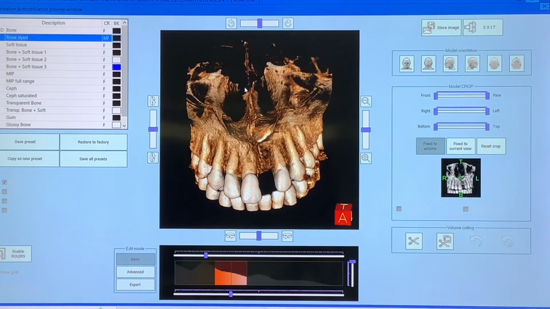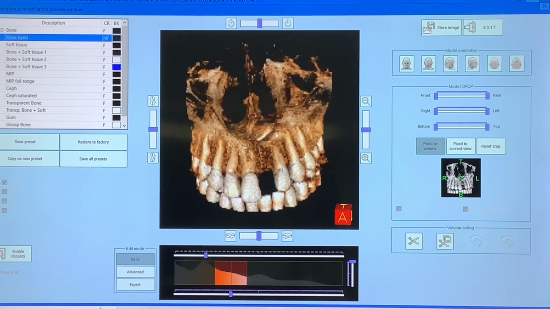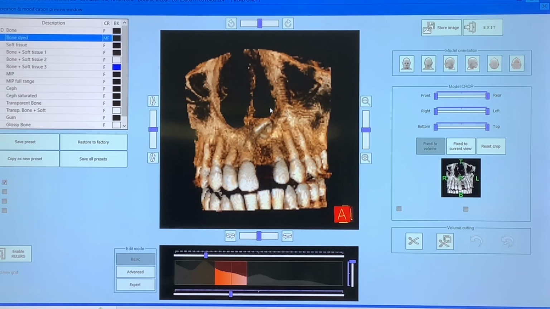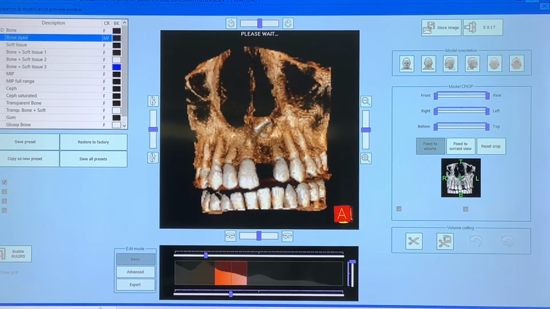So this is a 3D slice where you can see the edentulous area and you can clearly appreciate the crown. You can see that this is the palatal aspect of the crown, this is the incisal aspect. You can see that the labial aspect is definitely below the floor of the left nasal cavity.